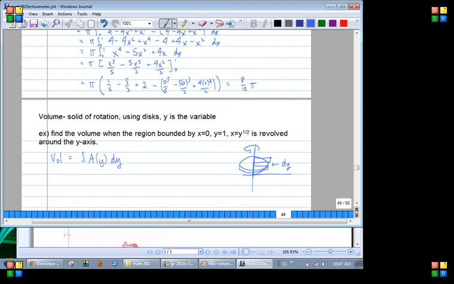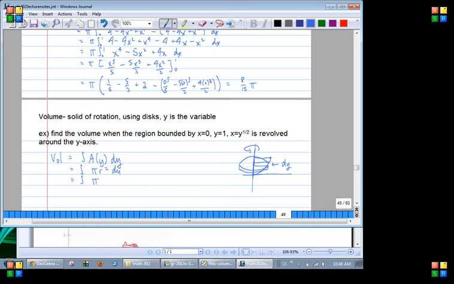Okay. So next, it still comes from a rotation or a revolution. So what is the shape? It's still a circle. The area is still going to be pi r squared. So pi r squared dy. Okay. So now we have to ask ourselves, what's the radius?